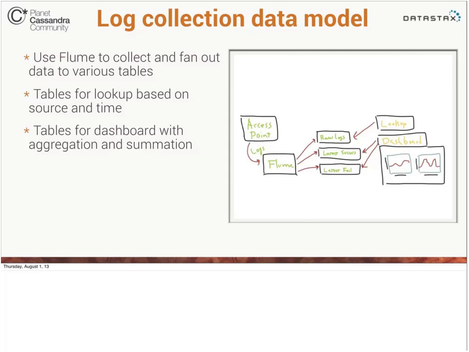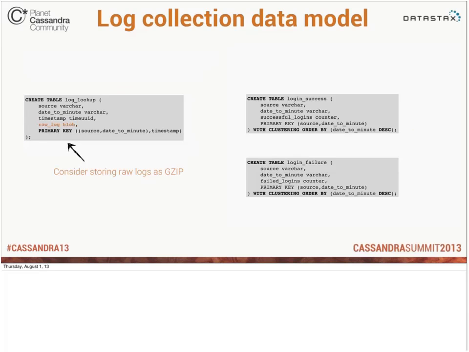Great time series model. So here's our log lookup. I want to look up the raw data in my logs, and let's say I just know I have a time frame. Let's say we're using an access control device and we want to look up based on the source and the date when we actually collect that data.